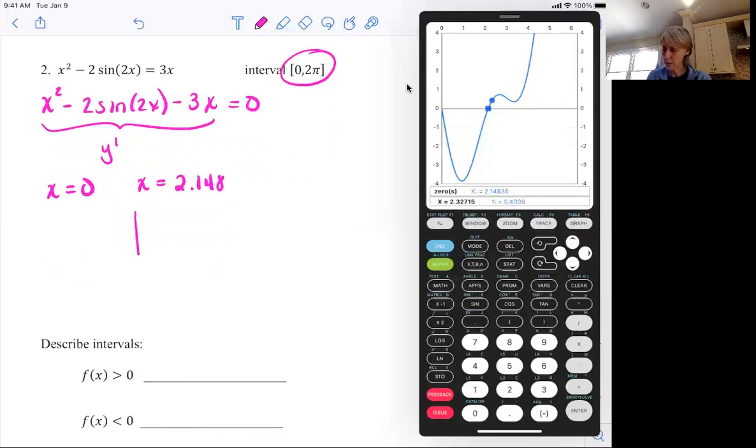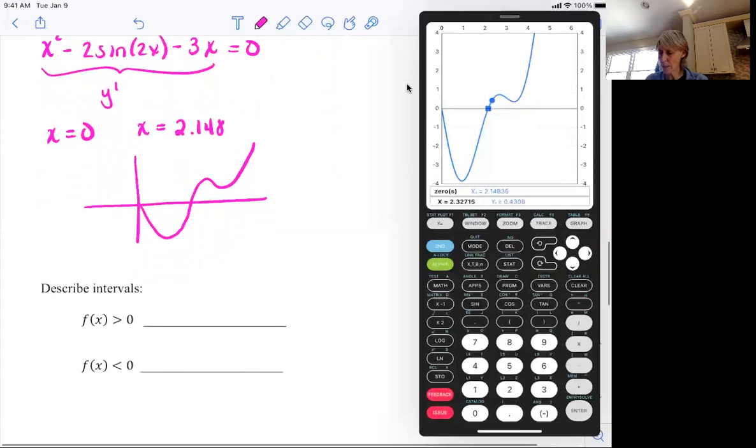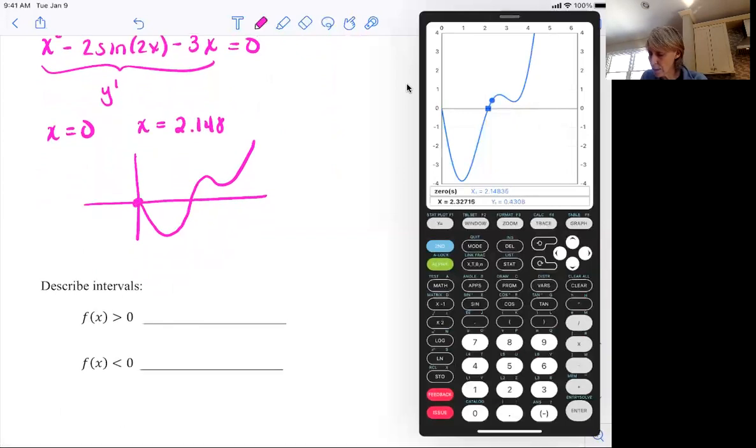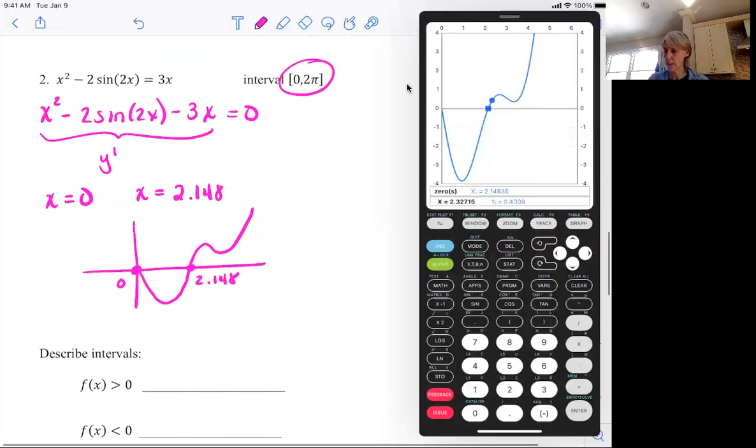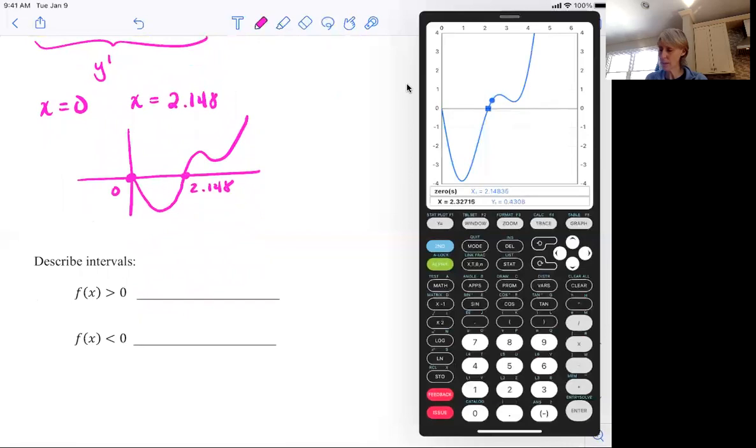So we can answer the next part of this problem, I'm just going to bring my picture onto my paper. So I want to describe my intervals. Remember, this is a 0 and this is a 0. Describe the intervals where the function, now this is going to be our function. I know it looked a little bit different to begin with, but once we have it set equal to 0, that becomes our function, where f of x is greater than 0.